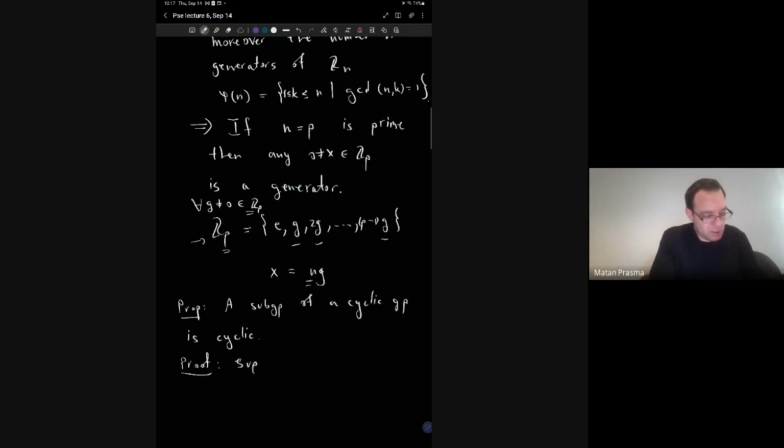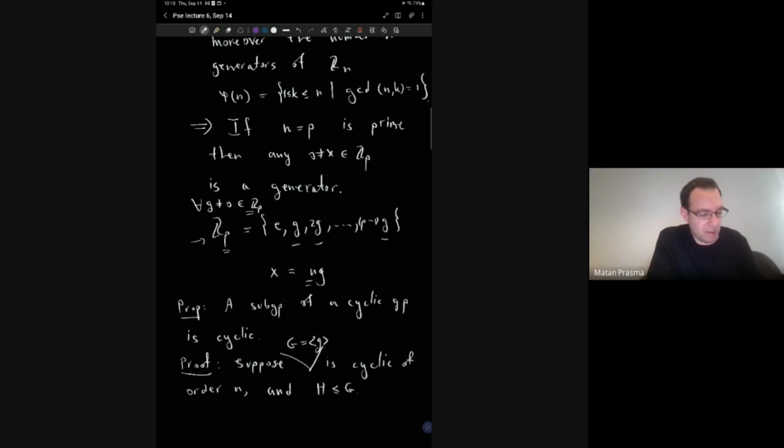So suppose G is cyclic of order n, and take some subgroup H of G. If G is cyclic of order n, I can write G generated by some element lowercase g.